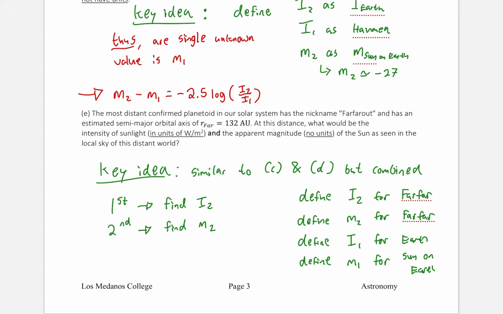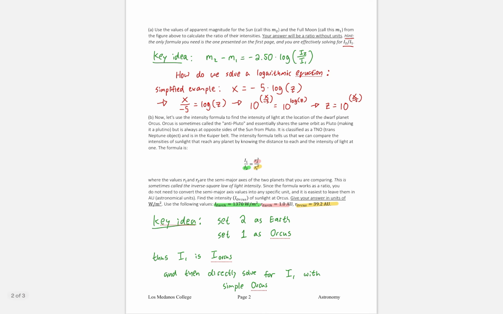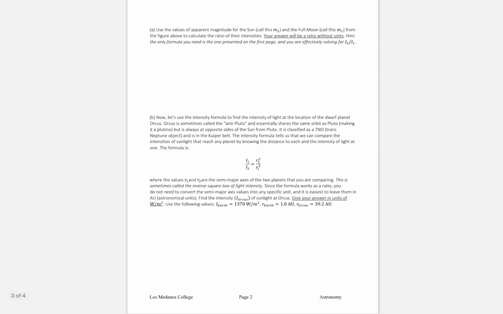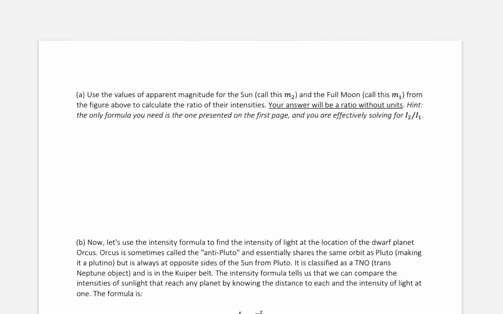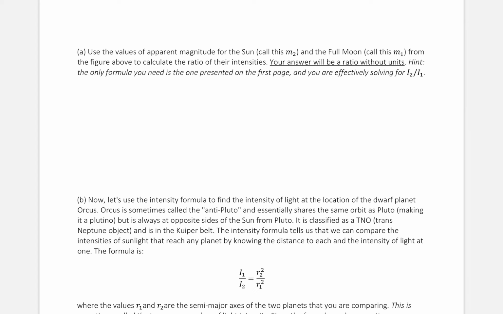All right, so stay for a couple more minutes if you want to see some numerical examples. Now, I've been calling these the extended numerical examples, but they shouldn't take much longer. So let's go ahead and duplicate this page right here, and we're going to consider finding a ratio, and this is for A. So we're going to not use those values, but instead we're going to find I2 over I1.